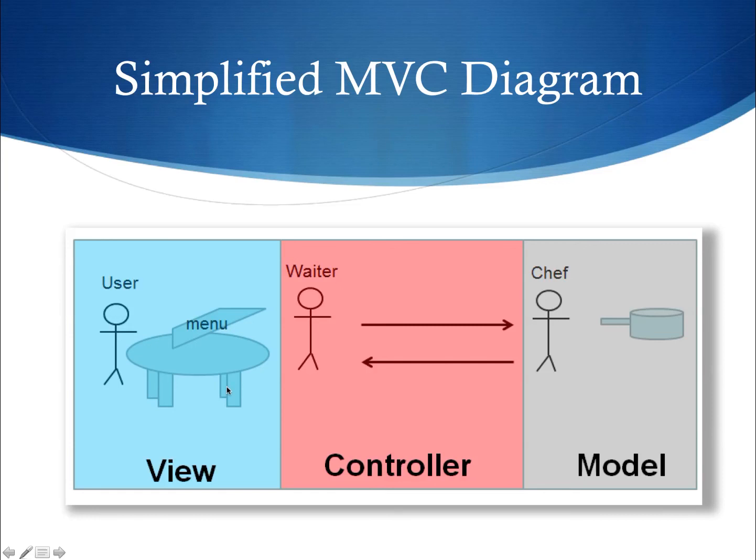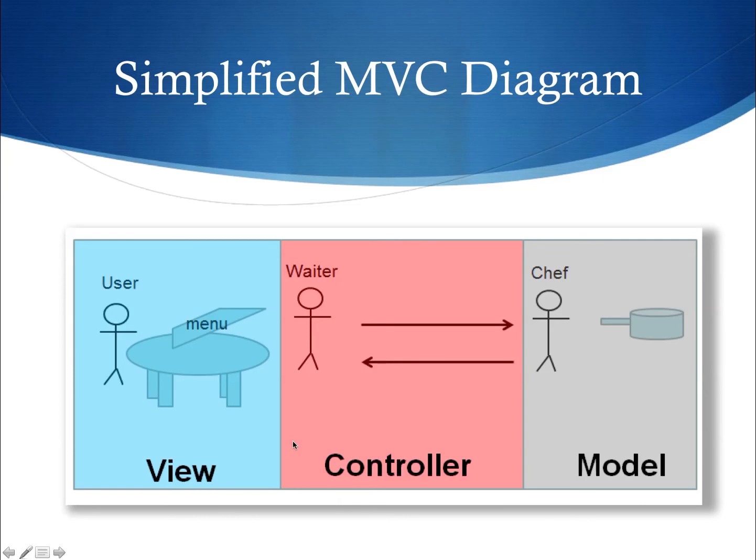So it does the same thing as the waiter in the restaurant, all right? And last we have the kitchen, and the chef is where we process what the user wants, all right? And we give it to the controller.